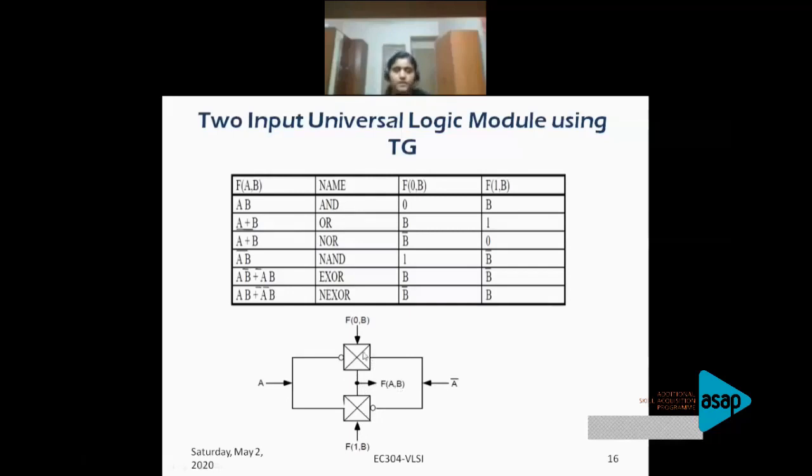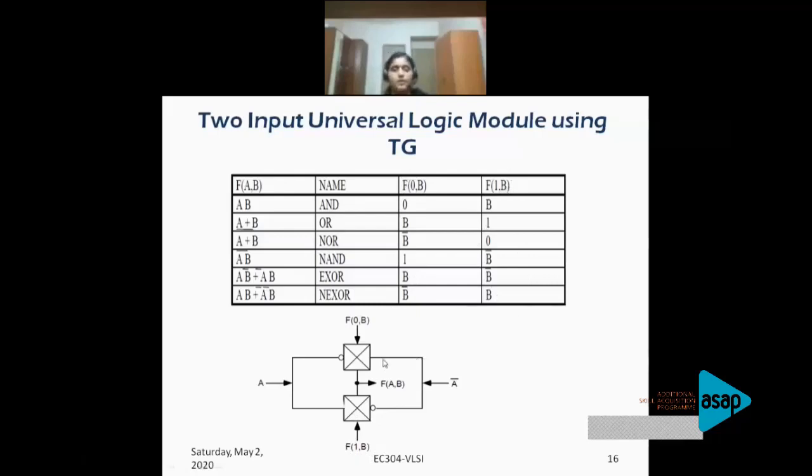Okay. And the input to the first transmission gate is f of 0 comma B, which is with respect to this truth table, and the input to the second transmission gate is f of 1 comma B, with respect to this truth table.